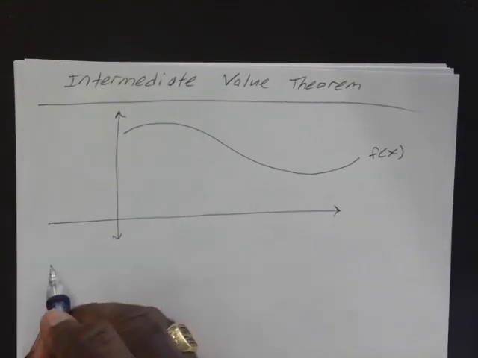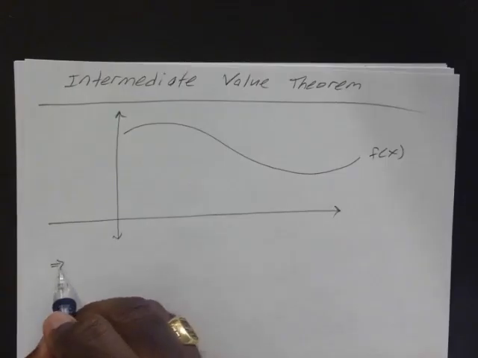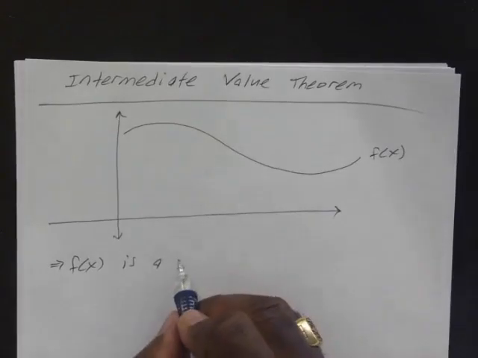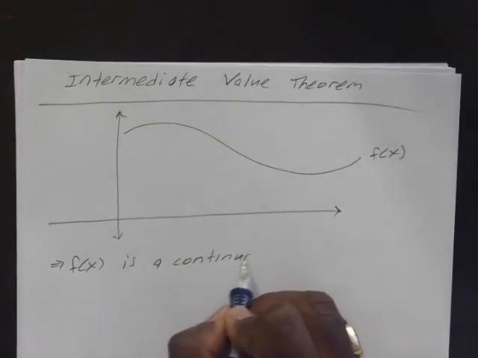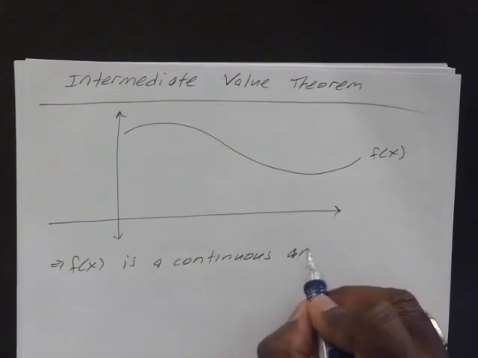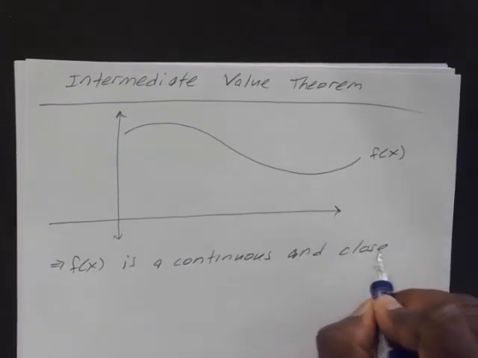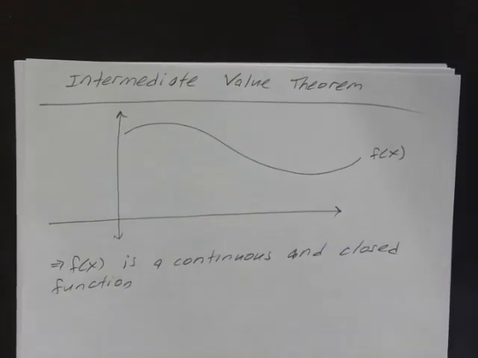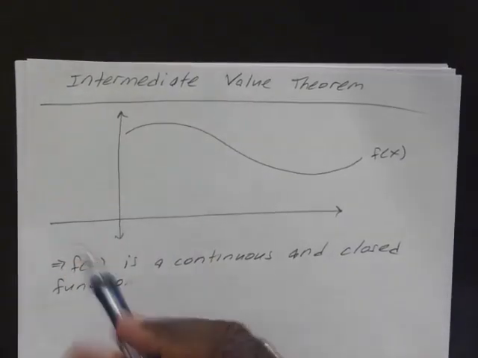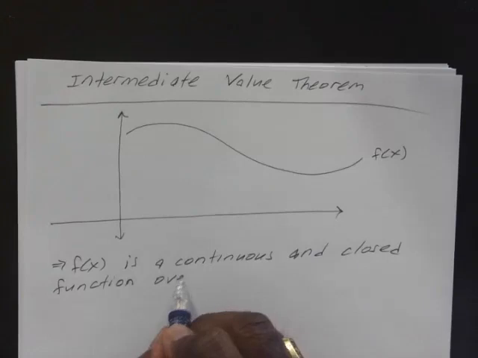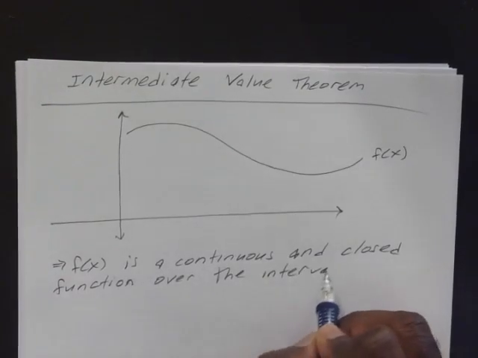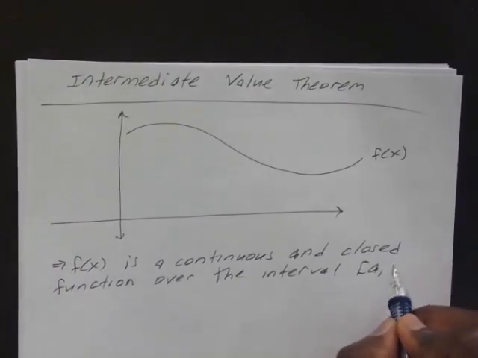Okay, so we know that, just looking at it, that f of x is a continuous and closed function on the interval from a to b. From x equals a to x equals b.